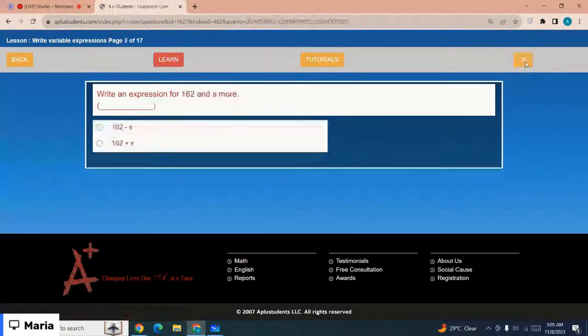Write an expression for 162 and s more. How do you write it? Which is the correct option?